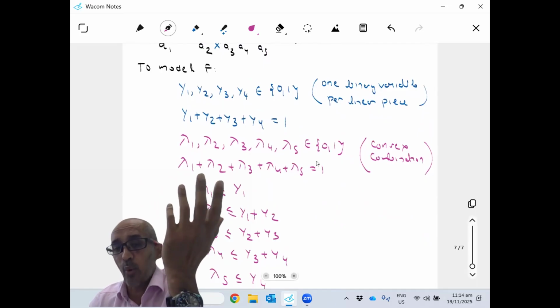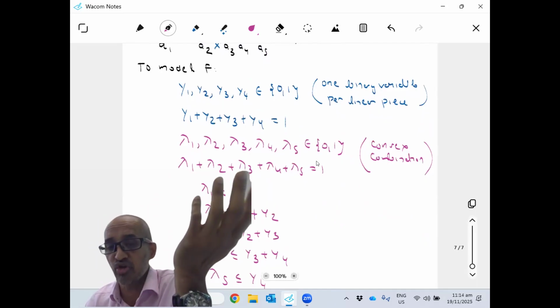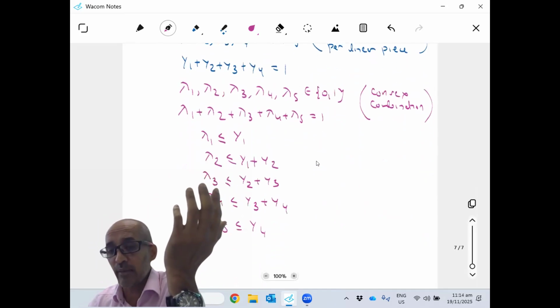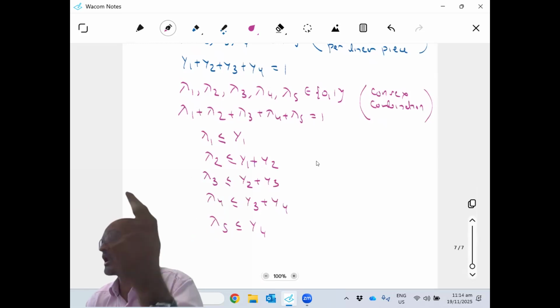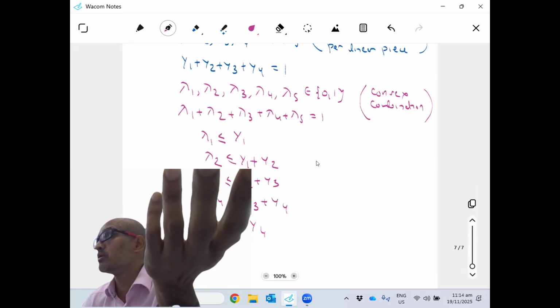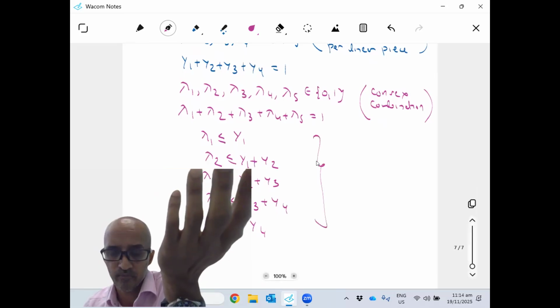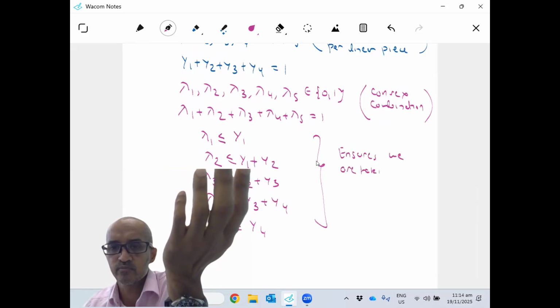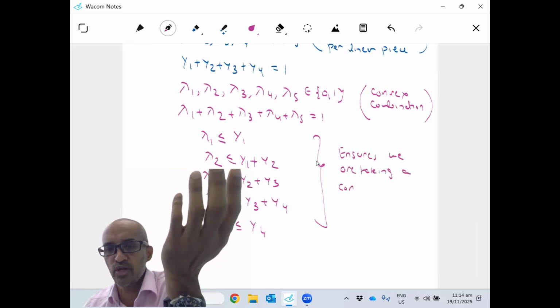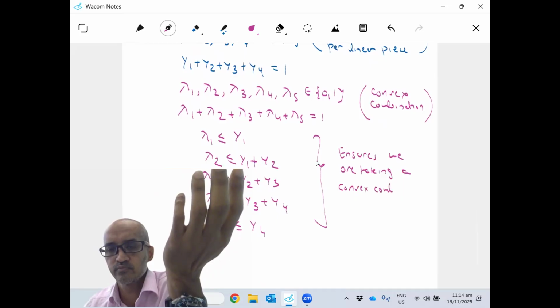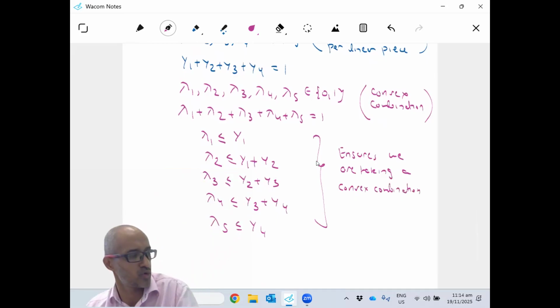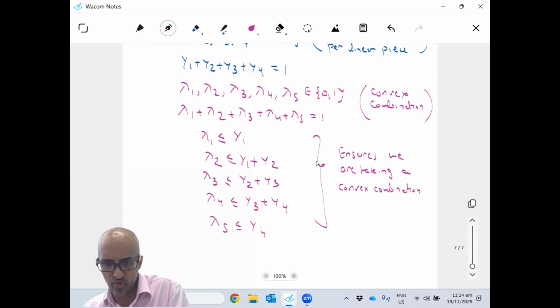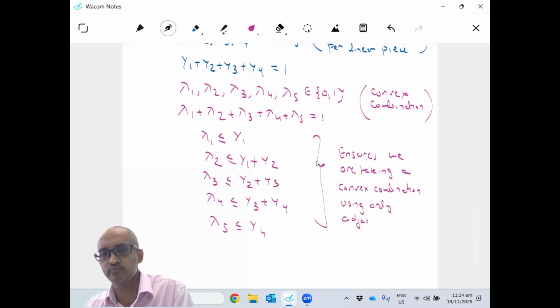But if y2 is 1, y1 has to be 0, so lambda 1 has to be 0. y3 and y4 are 0, so lambda 4 and lambda 5 have to be 0. So this ensures we are taking a convex combination using only adjacent breakpoints.